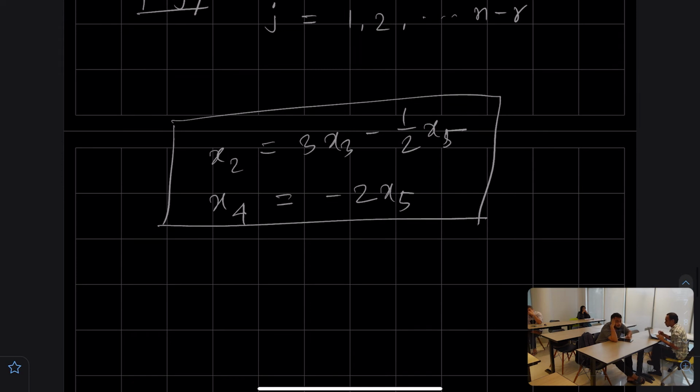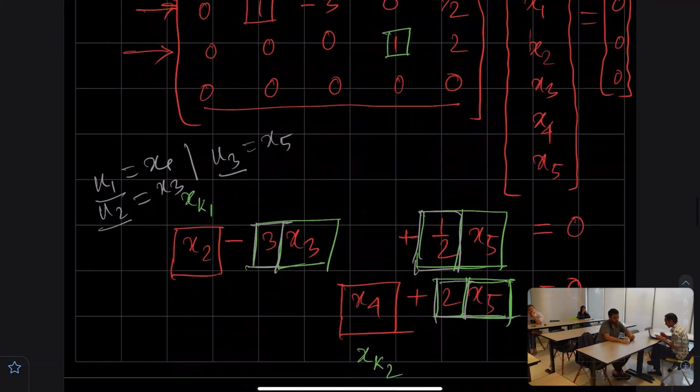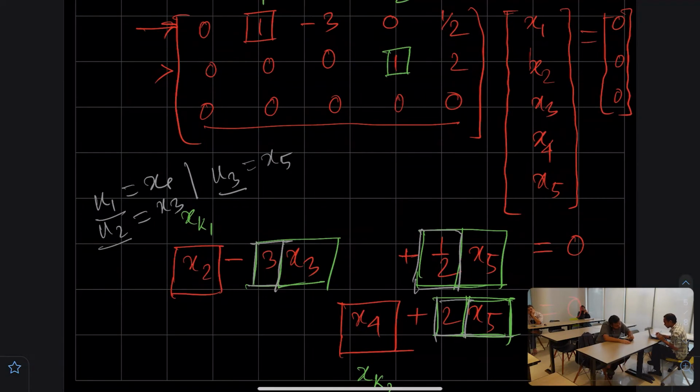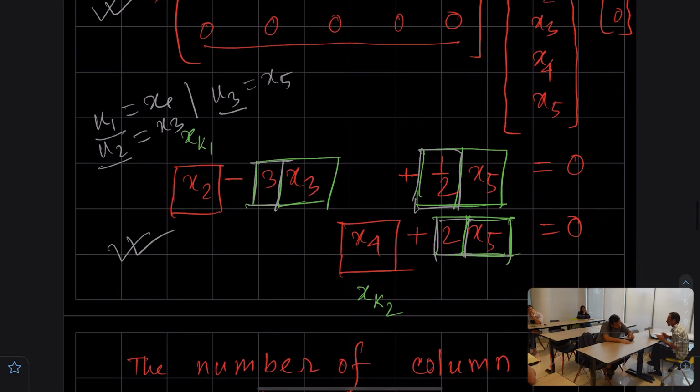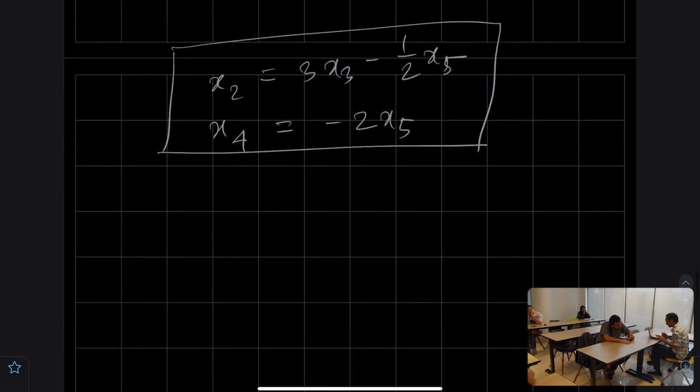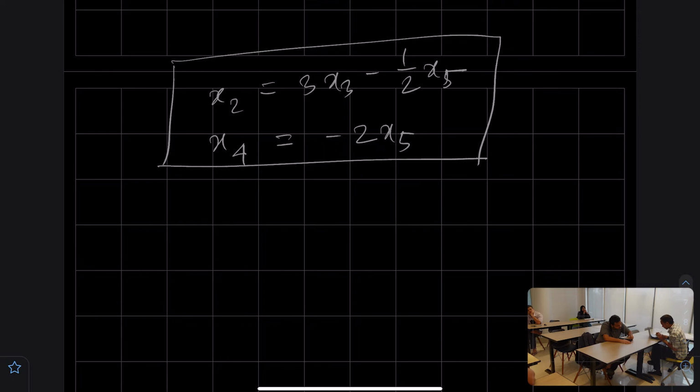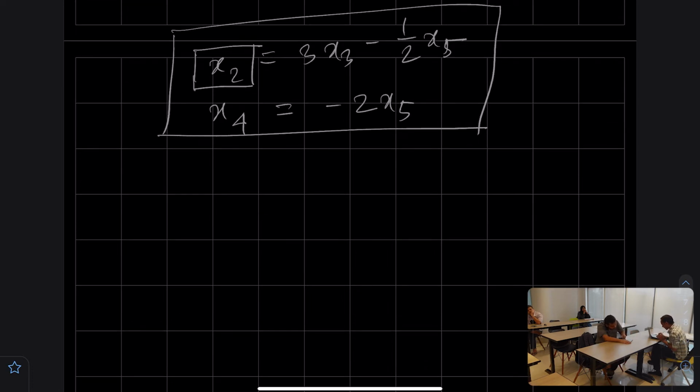So this is the solution of my system given in this equation. What I did here is write all these leading variables in terms of free variables, and I can assign any number to the free variable. x1 equals a, x3 equals b, x5 equals c.